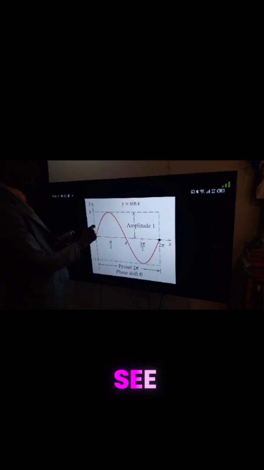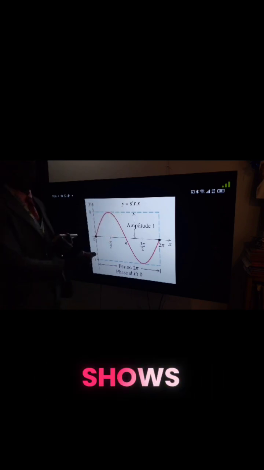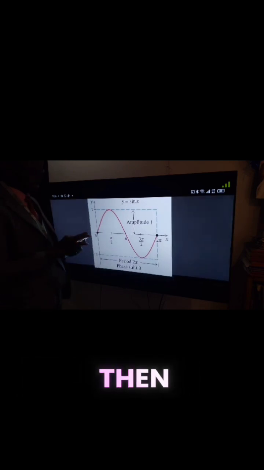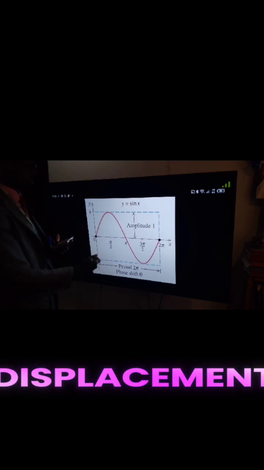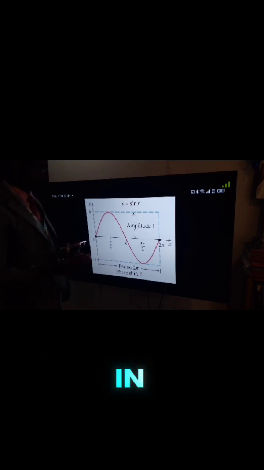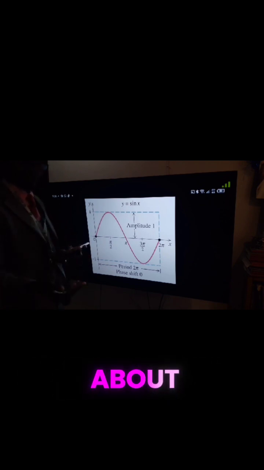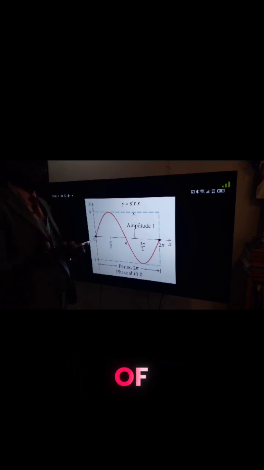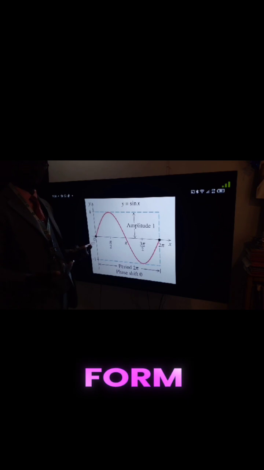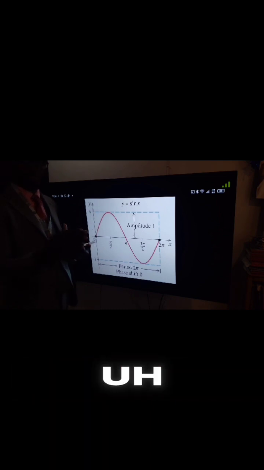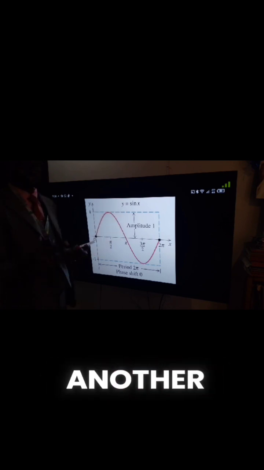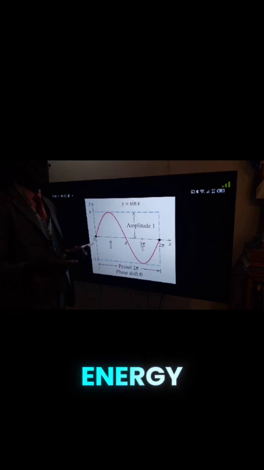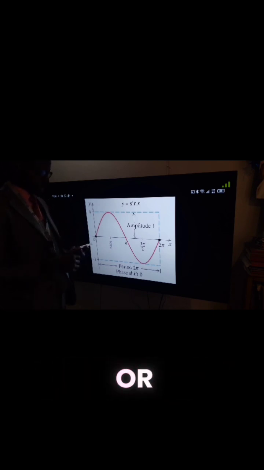We can see that this side shows the displacement, and then we have distance. There is a difference between displacement and distance, and that takes you back to the concept in physics when we talk about waves as a form of disturbance. A wave is a form of disturbance that transfers energy from one place to another, knowing that energy can neither be created nor destroyed.